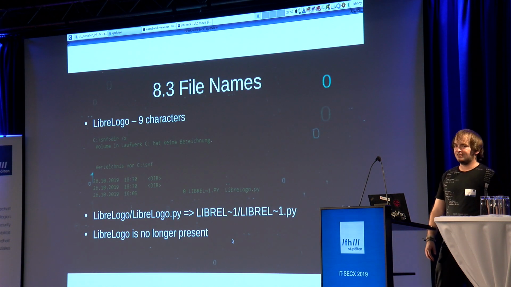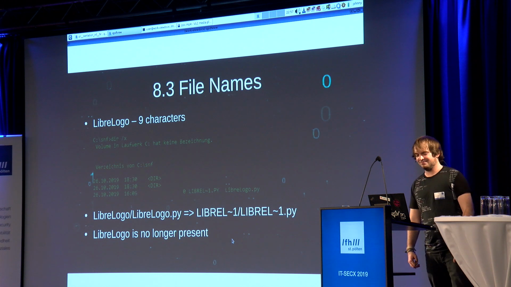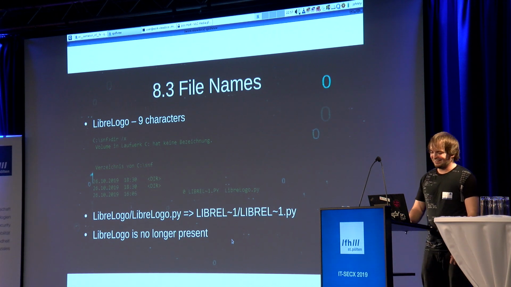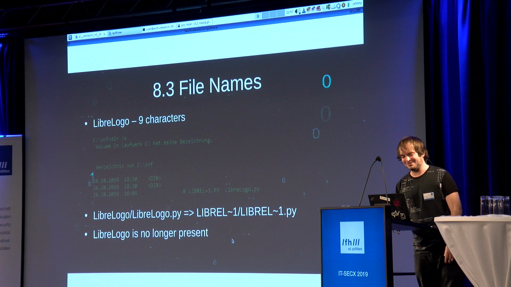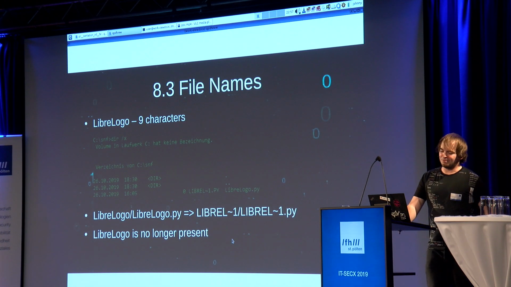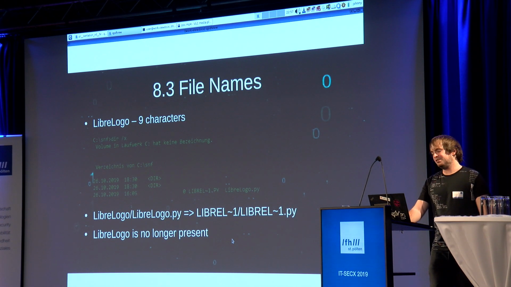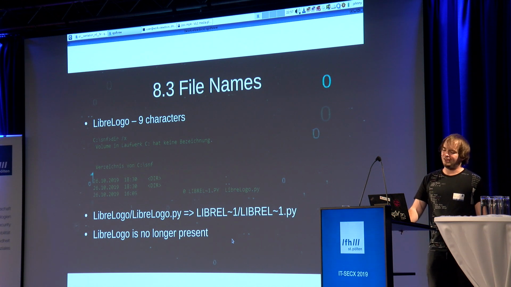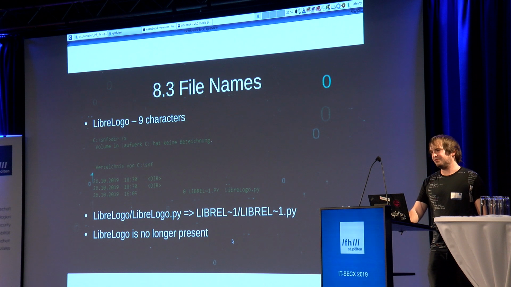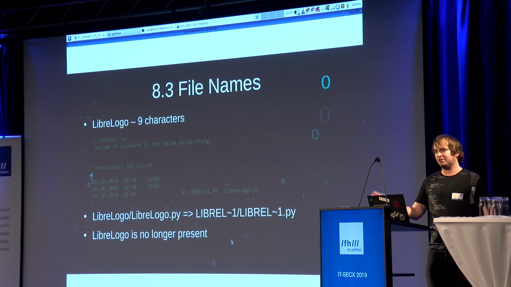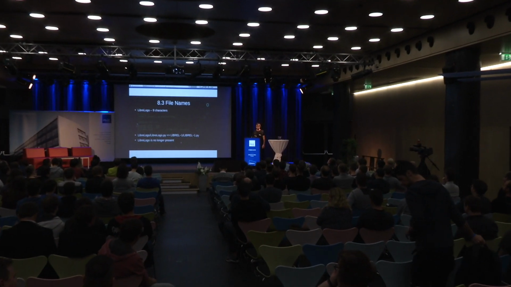But Libre logo is 9 characters long. So when we look the name up, instead of Libre logo, you could write librel~1 / and then the same for the macro name. And that still works for the Windows API, it doesn't matter.